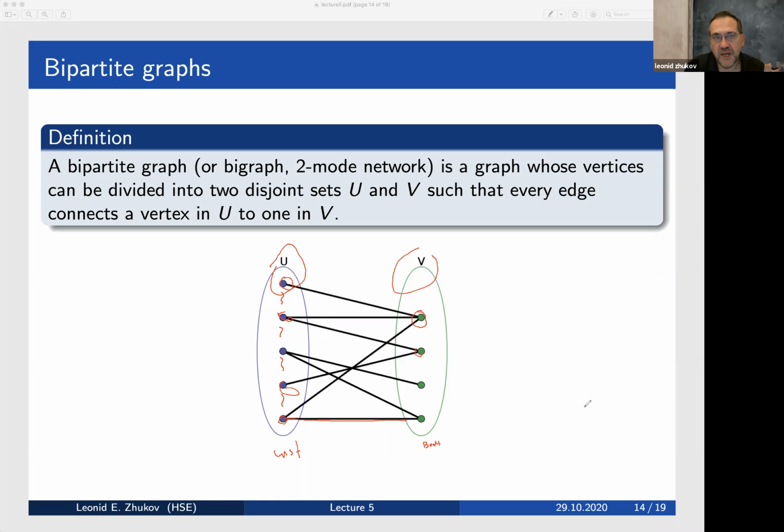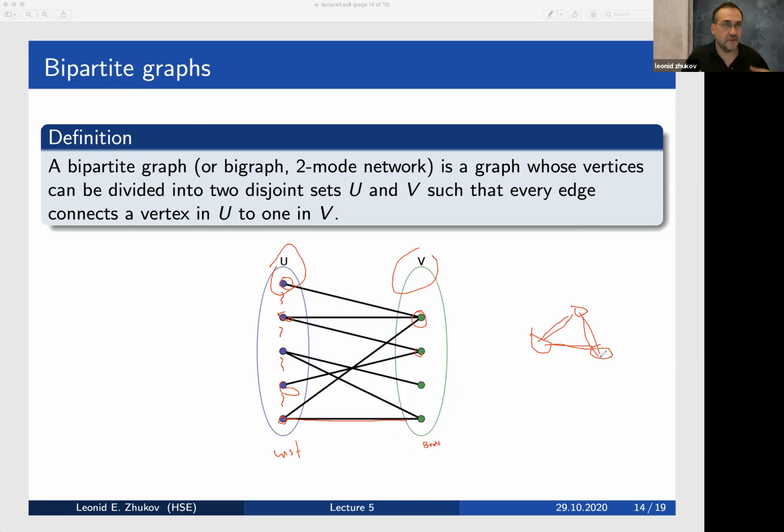And that's why these bipartite networks are often used to describe those types of systems. This is called a two-mode network, or bipartite graph, or bigraph. In fact, there exist tripartite networks, so 3-mode networks, 4-mode networks, etc. In a tripartite network, you have 3 groups of nodes, and only cross-group connections are allowed, right?